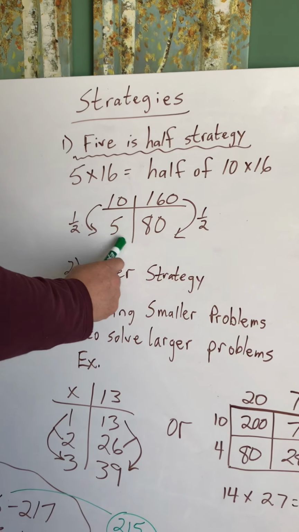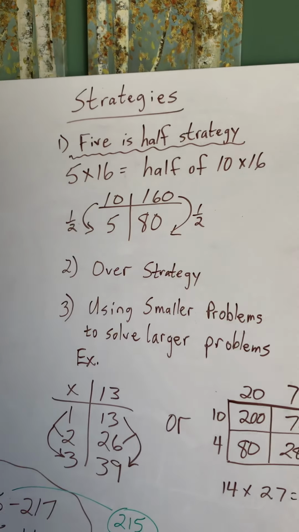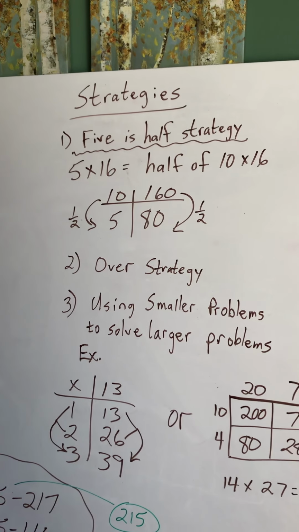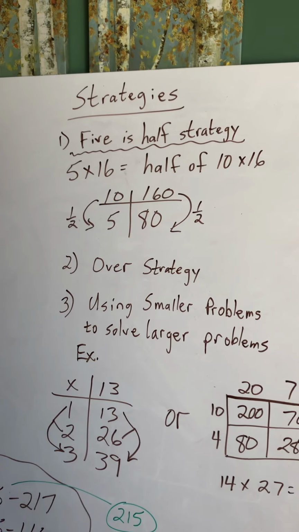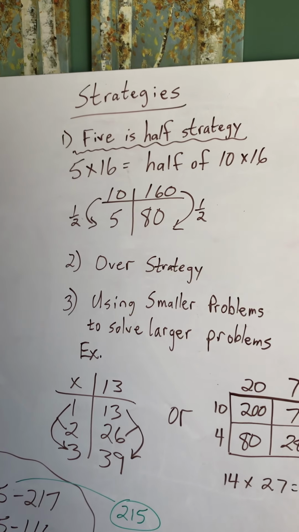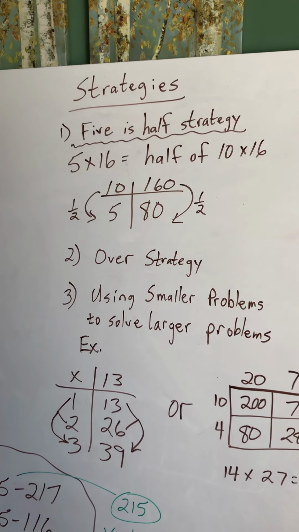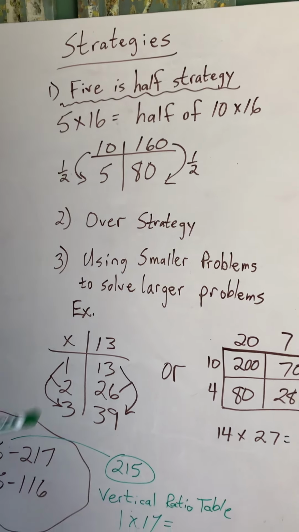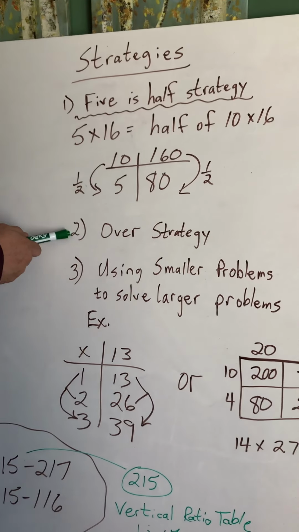We cut the product in half, and 5 times 16 is 80, okay? So that's the 5 is half strategy. So anything times 10, if you want to know what 5 times that number is, you can do 10 times that number and cut it in half, okay? Easy enough. Then we already talked about the over strategy.